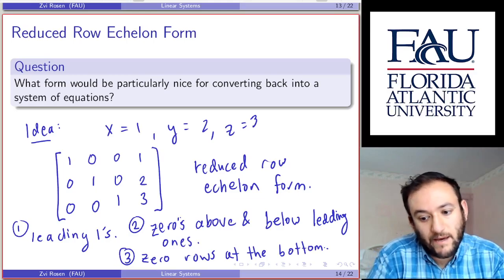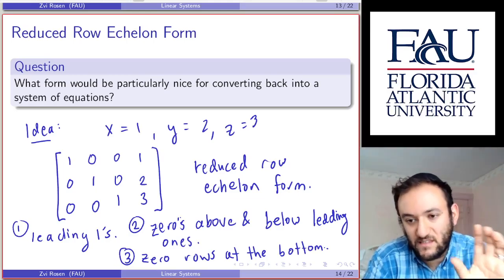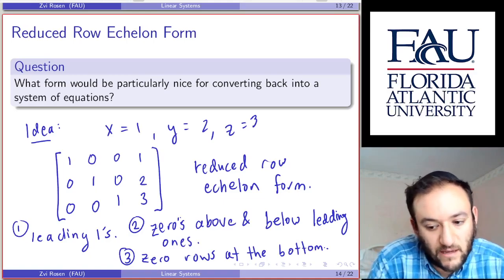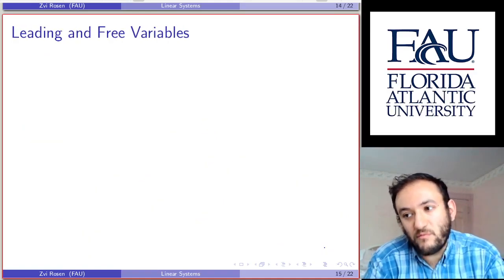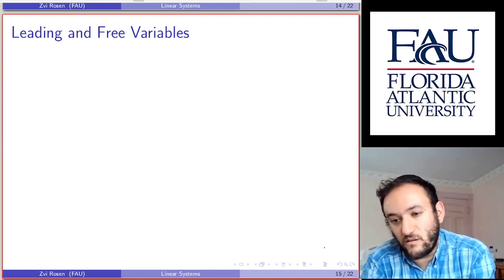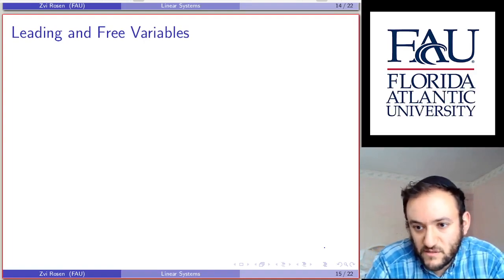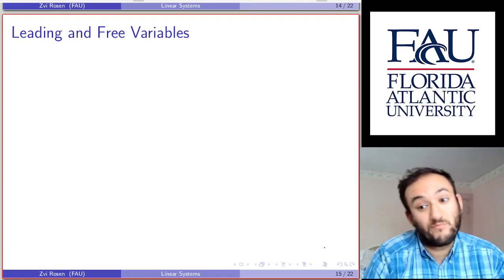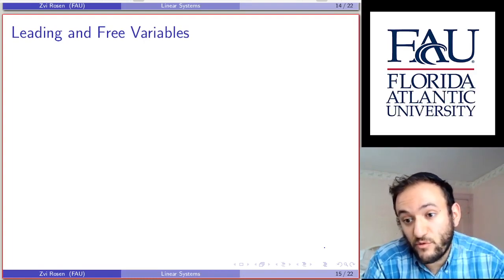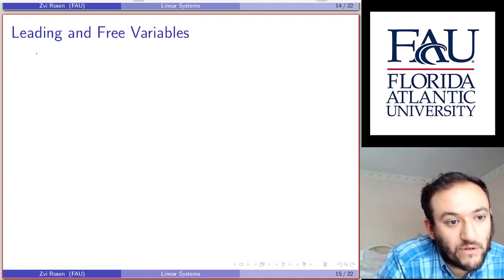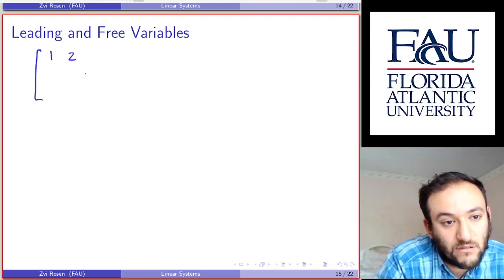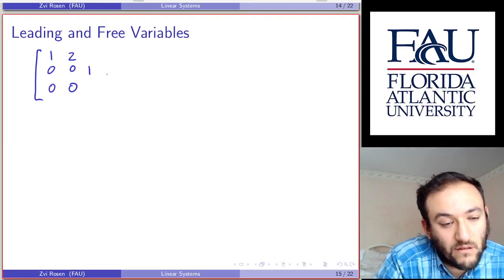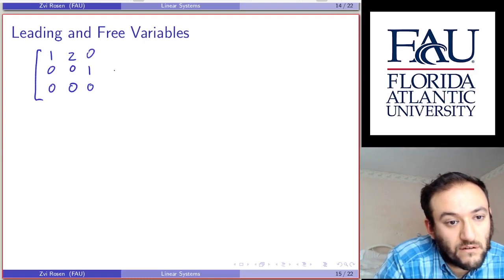So why isn't it possible just to get this beautiful diagonal form all the time? Well, the problem is that sometimes our systems are not just x equals this, y equals that, and z equals that. Sometimes we have parameters, like in the example we saw before with infinitely many solutions. So you could get something that looks like 1, 2, 0, 0, 0, 0, 0, 0.